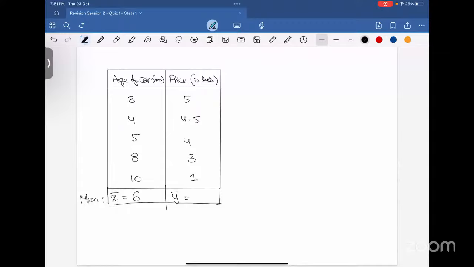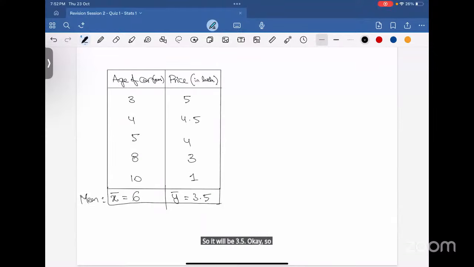Y bar is 5 plus 4 is 9, 9 plus 3 is 12, 12 plus 1 is 13, 13 plus 4.5 is 17.5. 17.5 divided by 5 is 3.5, or 3.75? No, 3.5. Okay, so it will be 3.5.